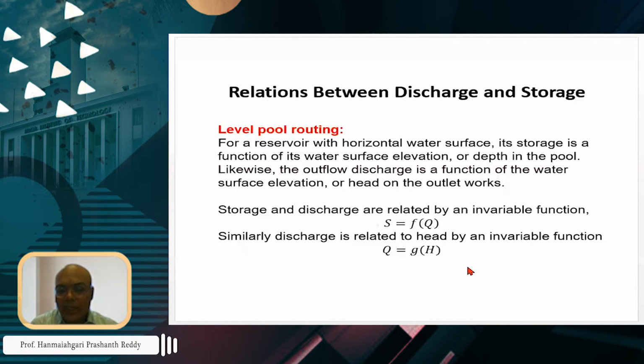So for level pool routing, the assumption is that the water surface is horizontal in the reservoir. This is possible only when the length of the reservoir is short, whereas the width and depth of the reservoir are high. Suppose it is a very long reservoir, that means length is quite high, then there may not be an invariable relationship between S, Q and H.